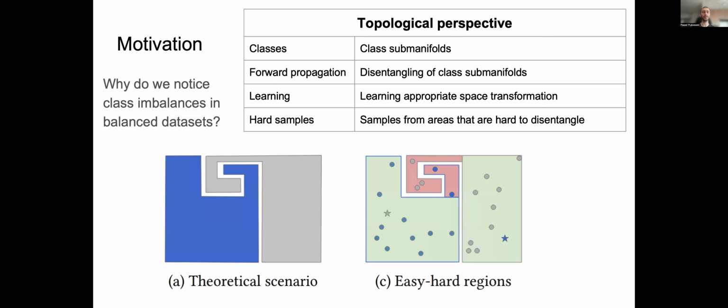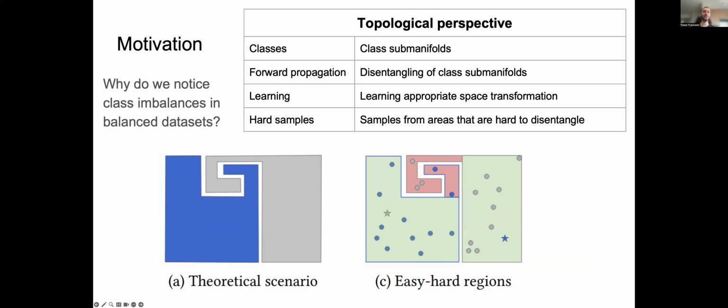Now, visually, let's say we have two class submanifolds which are entangled with each other. The learning process is equivalent to learning the appropriate space transformations to make them linearly separable in the final layer. Hence, there will be areas that will be harder to disentangle, and there will be areas that will be very easy to disentangle.